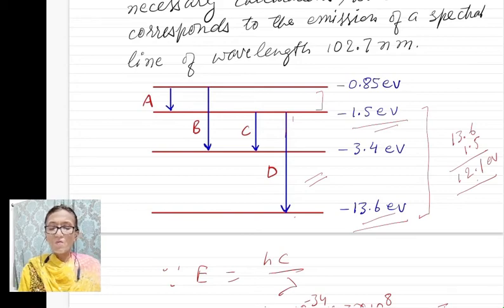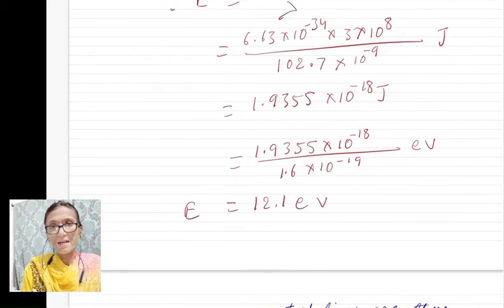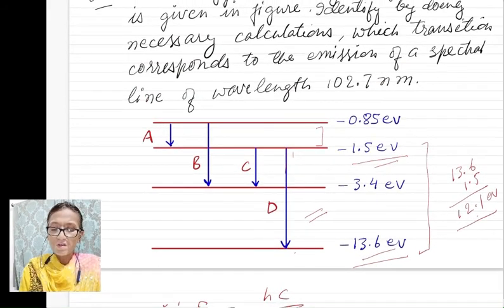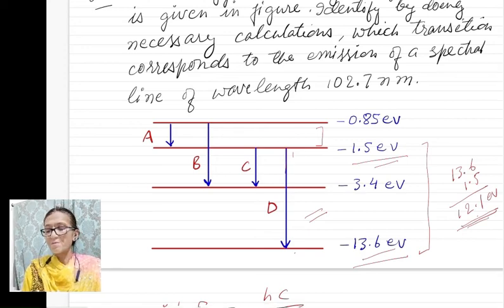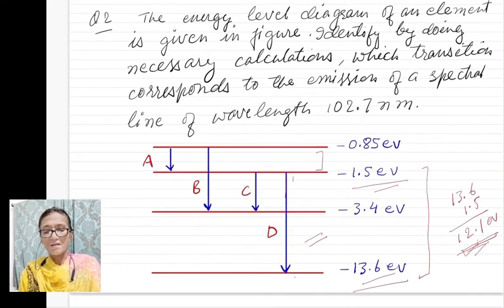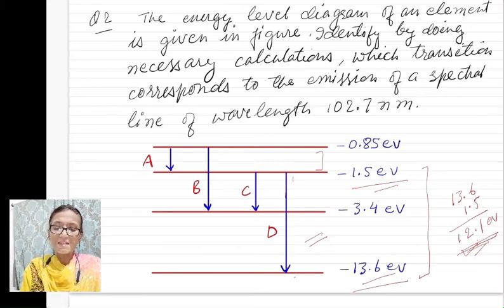Now we will find which energy range between the two energy levels is matching 12.1 electron volt. You can see that this range, D transition, is matching the same energy range. When you subtract 1.5 from 13.6, you get the same energy range.